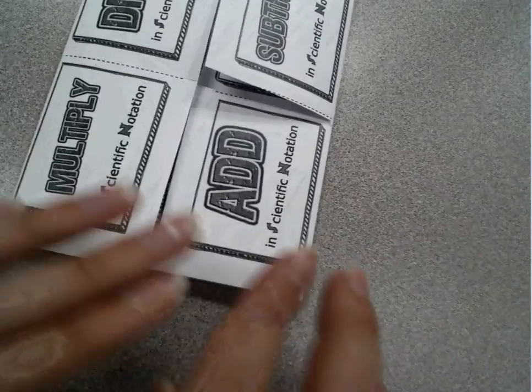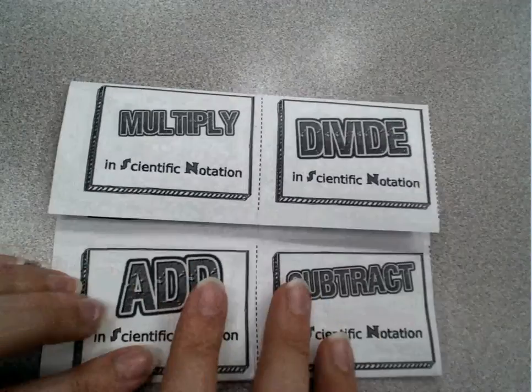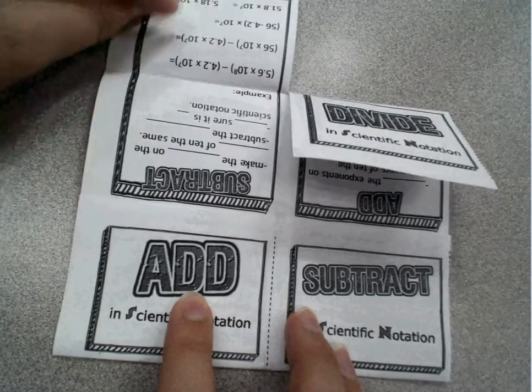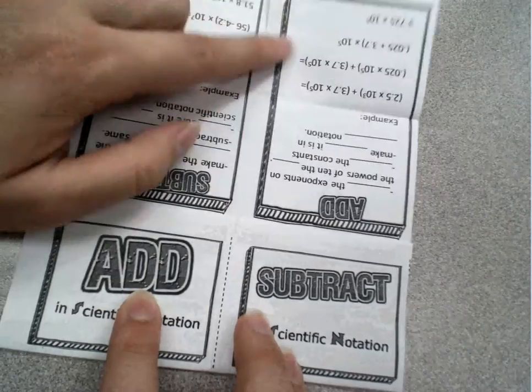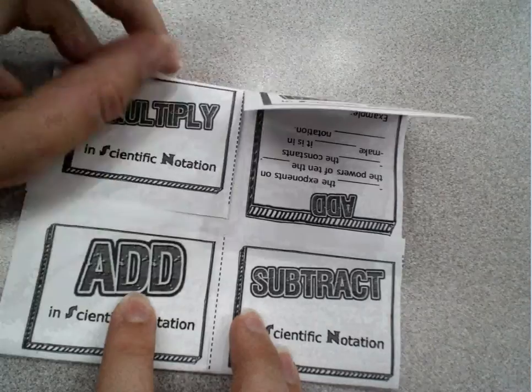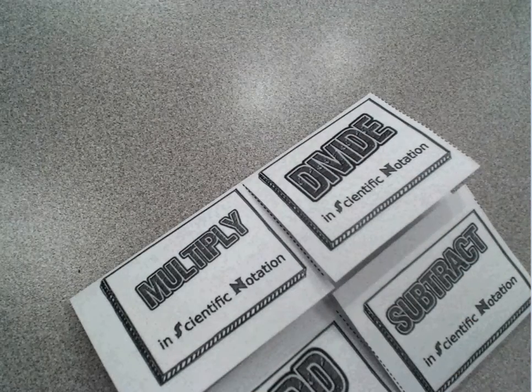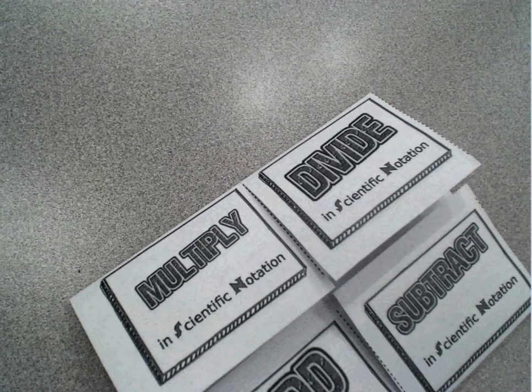When you open yours to multiply, you'll see the rules for multiply. When you open it to divide, you'll see the rules for divide. We're going to glue it in our notebook on our next page.